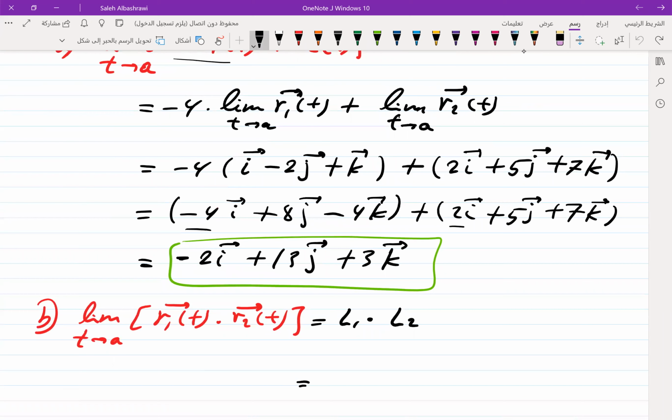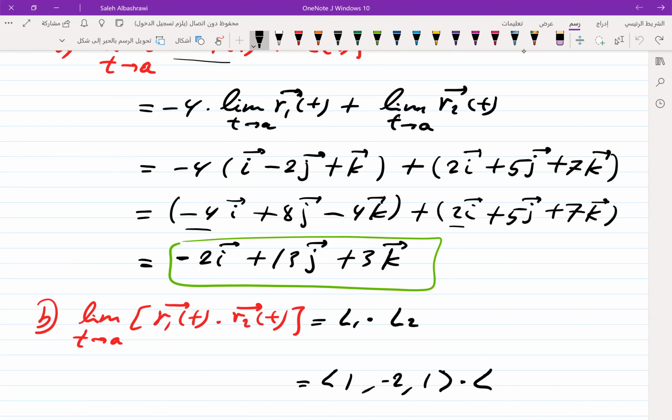I will use the notation for greater than or smaller than: 1, minus 2 and 1.